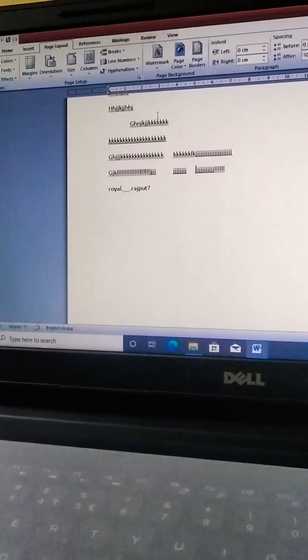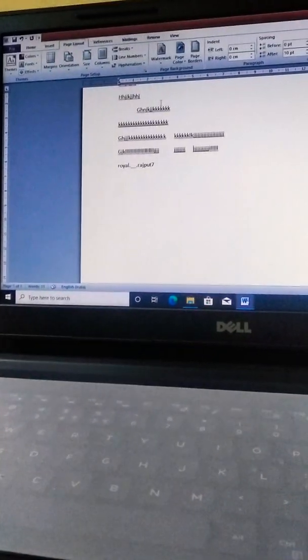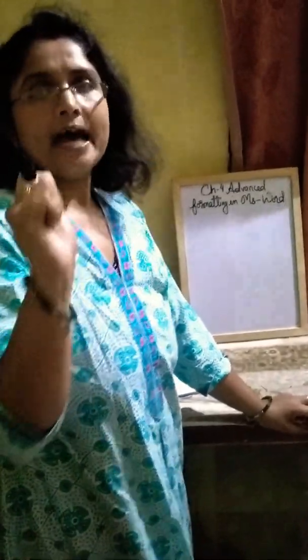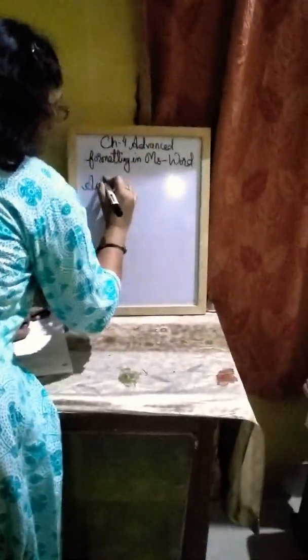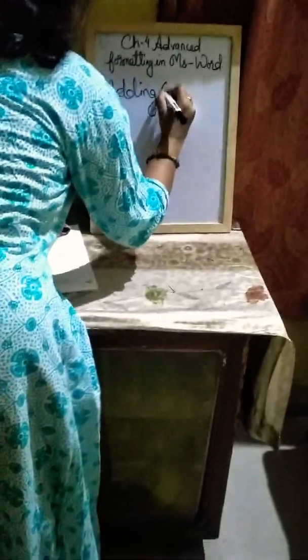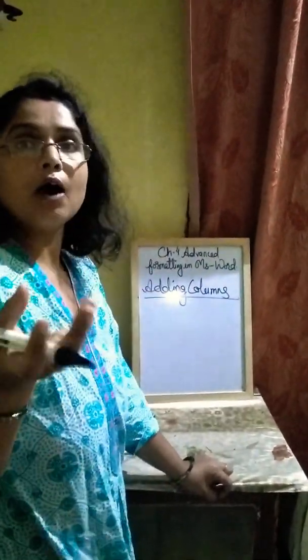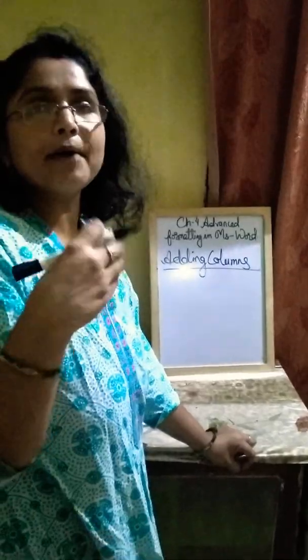Okay children, now move to the next topic, that is adding columns. Adding columns means, you must have seen in the newspapers how the paragraphs are printed in columns.